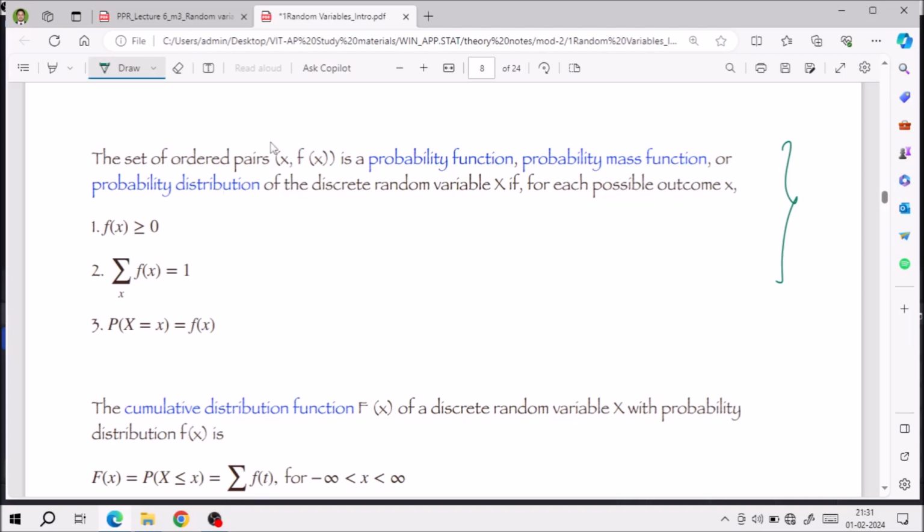Now see, a set of ordered pairs x comma f(x) is a probability function, probability mass function, or probability distribution of the discrete random variable capital X if for each possible outcome small x, we have these three conditions. f(x) is greater than or equal to 0, that means all the f(x) values are non-negative.